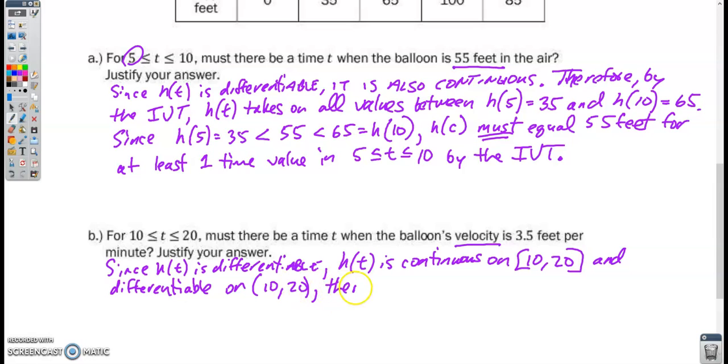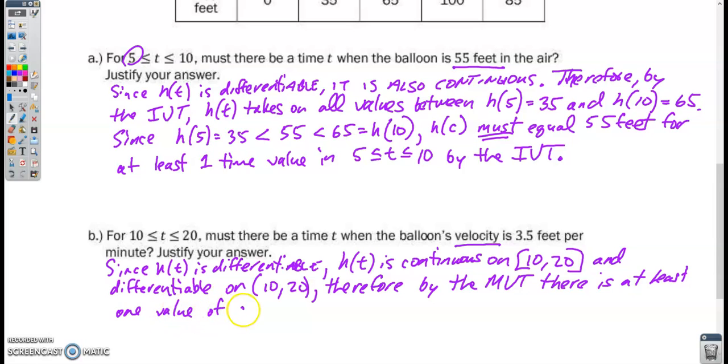Therefore, by the mean value theorem, there is at least one value of c for which f prime of c is equal to f of b minus f of a all over b minus a.